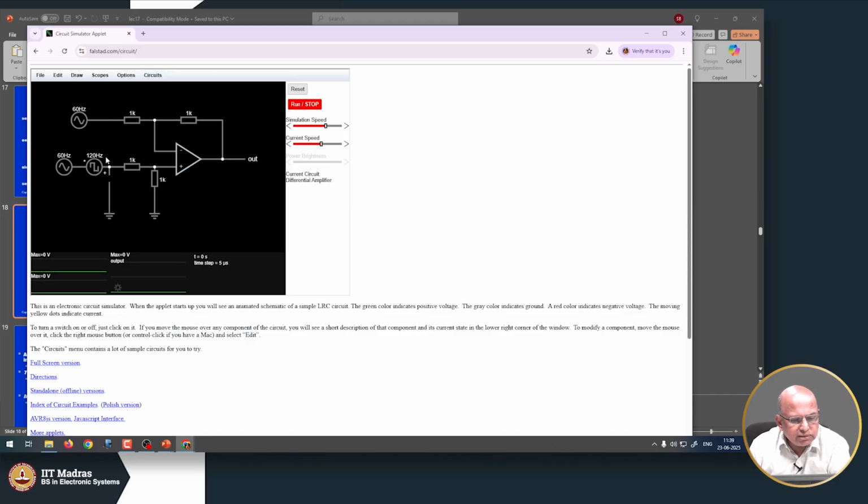So, here is a difference amplifier. Okay. So, we can run the, so this is the difference amplifier.